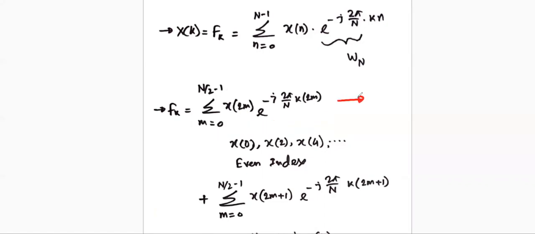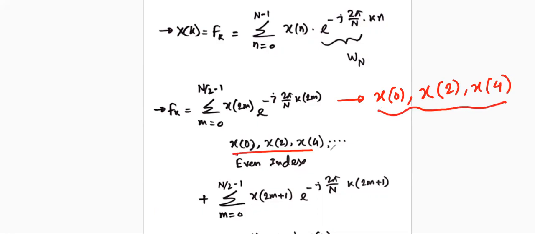Let me write it. For m equals 0, what will happen? You will get x0. For m equals 1, you will find x2. For m equals 2, it will be x4. So you can find that you are getting the even numbers. That is our target.